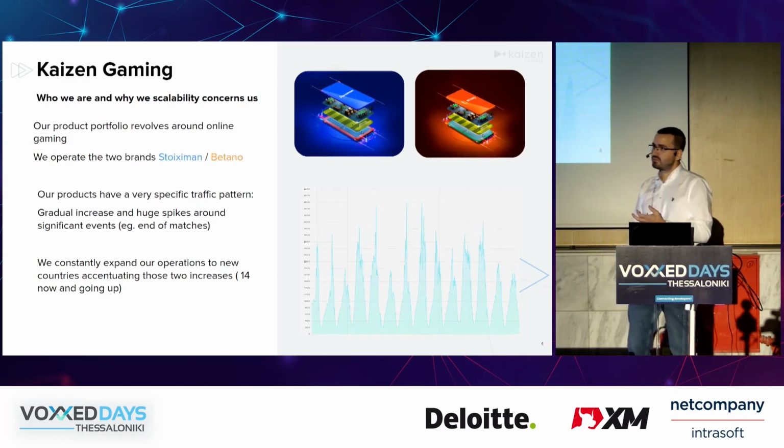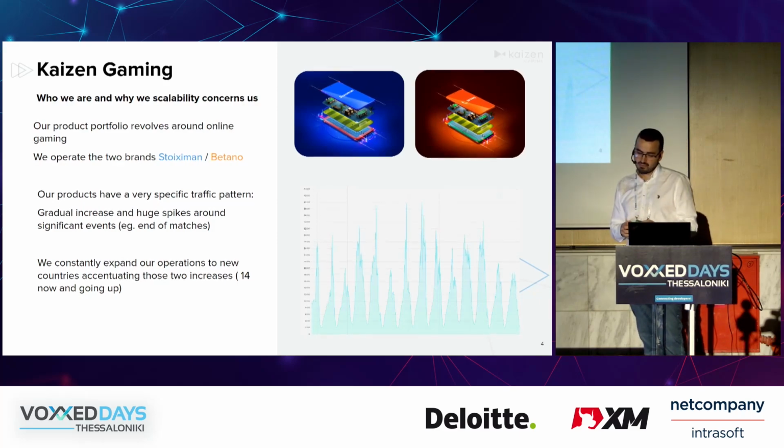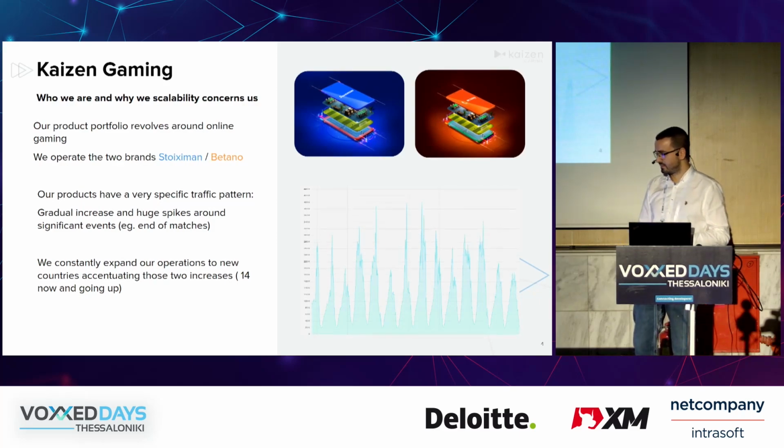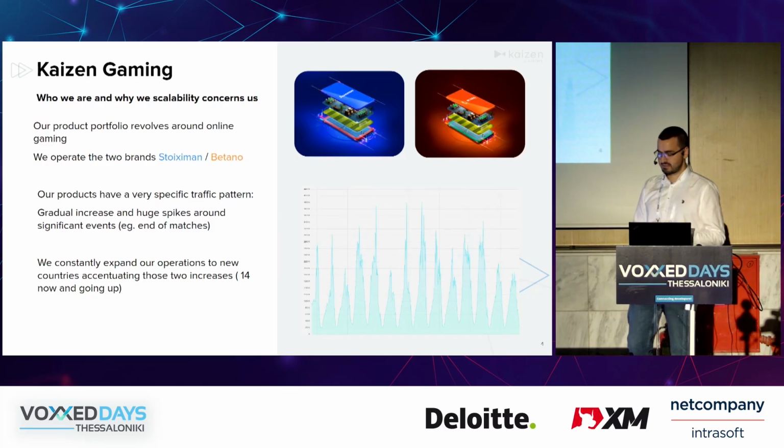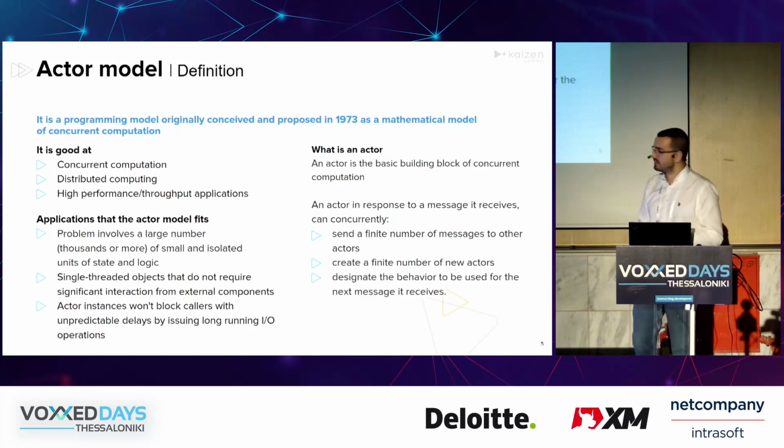So we had to deal with this kind of scaling that we have to do in a very short amount of time. We chose to use and implement the actor pattern for many of our services. And let's see what an actor model is. An actor model is actually a programming model.